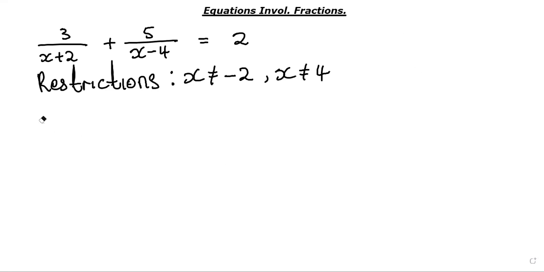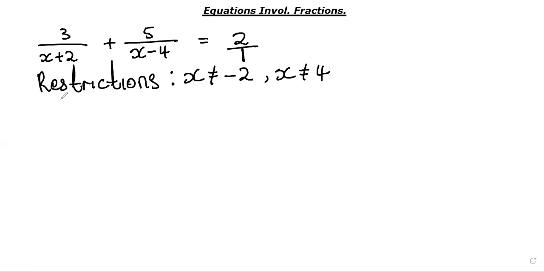Awesome. Now that we know our restrictions, we can go on and find the LCD. So here we understand that the denominator of 2 is 1. And in this case, the LCD will be a product of these 3 denominators.